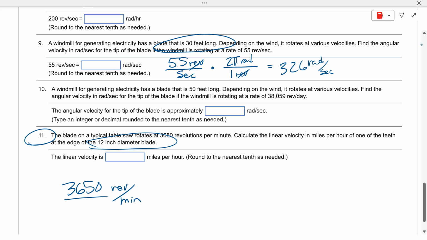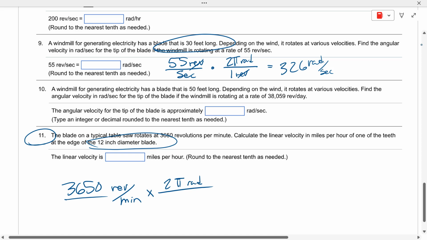Okay? Well, if I have 3,650 revolutions per minute, I have to change revolutions into radians by going 2 pi radians per 1 revolution. Now I have radians per minute. I want miles per hour.